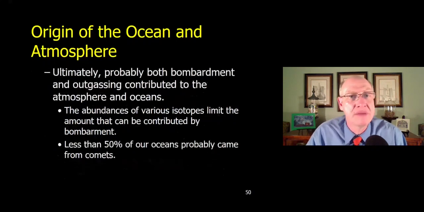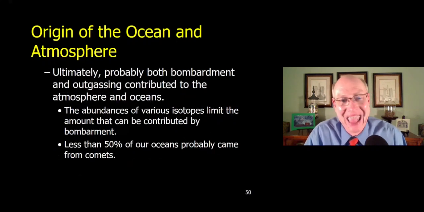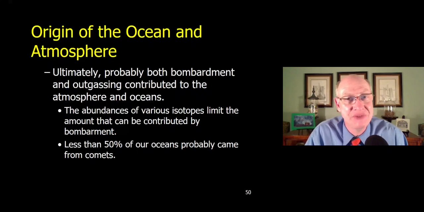Ultimately, it turns out that probably both bombardment and volcanoes contributed significantly to our atmospheres and oceans. But we can actually use the ratios of various isotopes, oxygen in particular, but hydrogen and others. Isotopes are elements that have the same atomic number, but a different atomic mass. So, for example, a hydrogen atom has an atomic mass of 1, but the isotope deuterium has an atomic mass of 2.